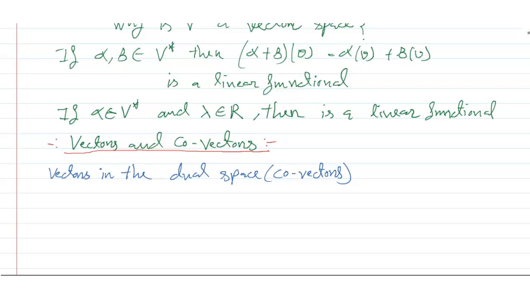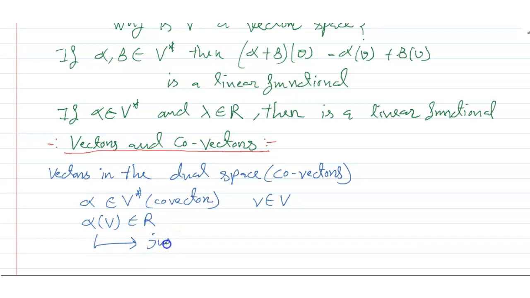So if alpha belongs to V star, a covector, and v belongs to V, then alpha applied to v belongs to R, just a scalar.